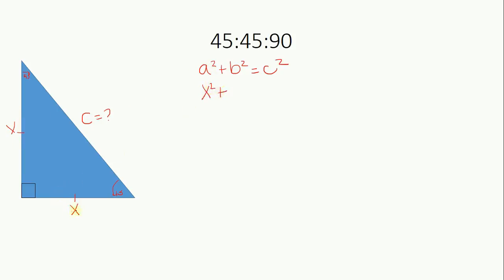I know my b is also x. And that equals c squared. Well, I don't know what c is, so I'm going to leave it as c squared. An x squared plus an x squared is just 2x squared, because 1x squared plus 1x squared is 2x squared. Equals c squared. Well, we want to know just what c is.